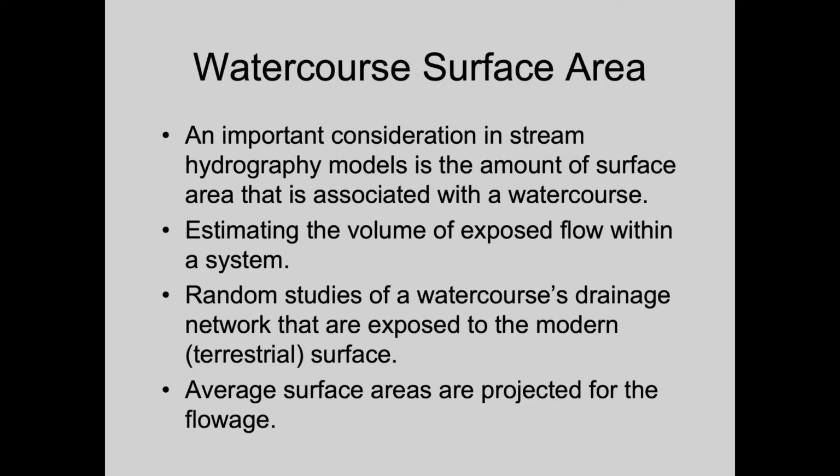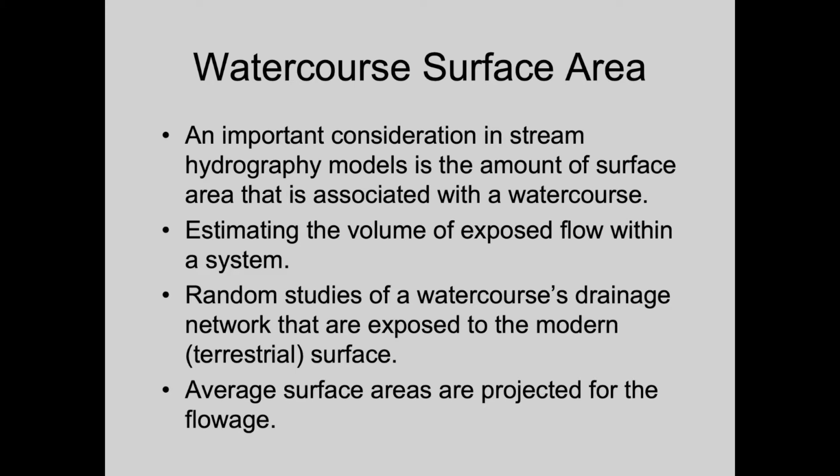A very important variable to consider when you're looking at stream action is watercourse surface area. This is a variable that is important to the creation of stream hydrographic models. Basically, it is an estimate of the area of exposed flow within a drainage basin.